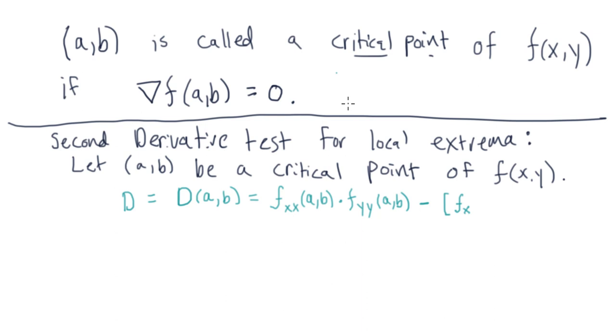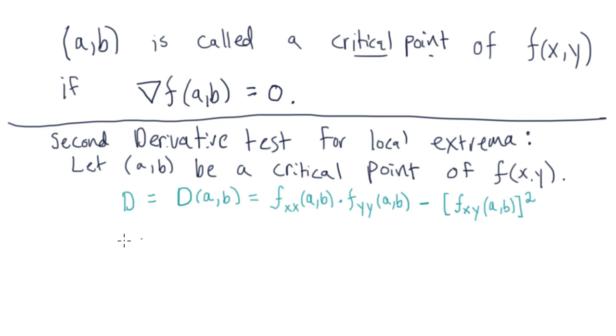I'm already assuming that f is differentiable here, so I might as well go a little bit further. So I take one of the mixed partials evaluated at (a, b) and square it. So I have this D test function.